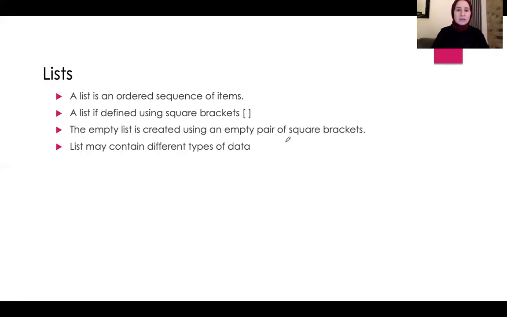In this video, we are going to focus on building data structures, and we will start with lists. A list is an ordered sequence of items, and we define the list with square brackets, as you can see here. When you want to define a list, you need to give a name to your list, then equal to square brackets.